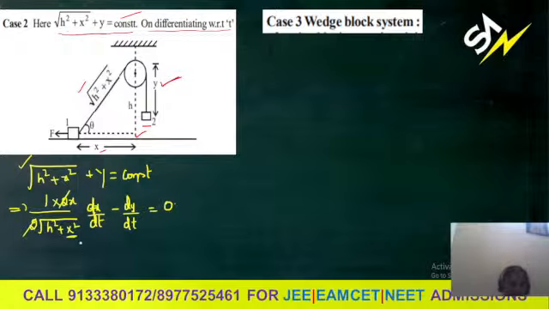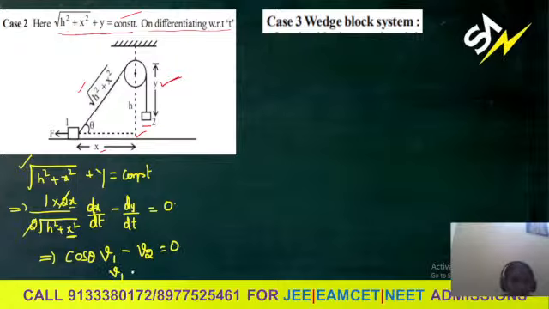And next, here we need to give the velocity relation, with which velocity they move. So this implies from the figure, x by under root of h square plus x square is cos theta, into dx by dt, the velocity of the first block v1, minus dy by dt, which is v2, will be equal to 0.